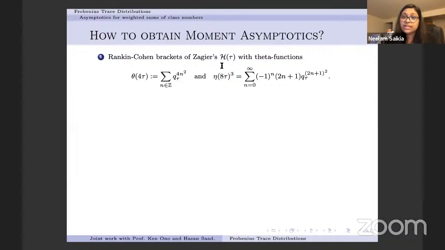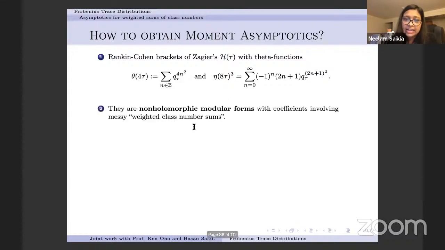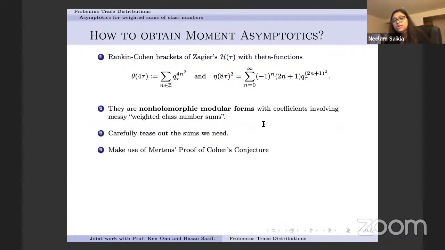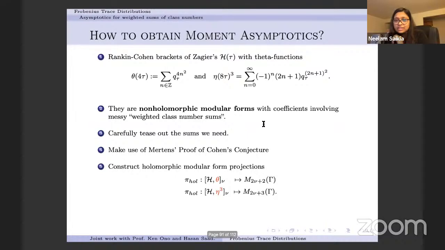Of course, these give non-holomorphic modular forms whose coefficients involve weighted sums of class numbers. After careful steps counting these coefficients, we obtain a non-holomorphic modular form. So our job is to make this modular.